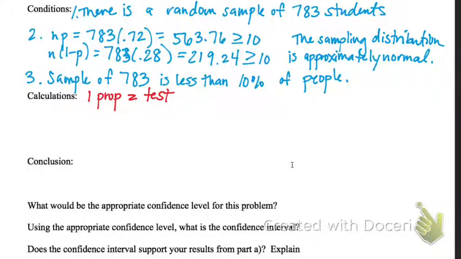So this whole unit is the same test? One prop Z test? Yes. So then I'm going to write the formula by itself. Z equals P hat minus P over the square root of P times 1 minus P over N.